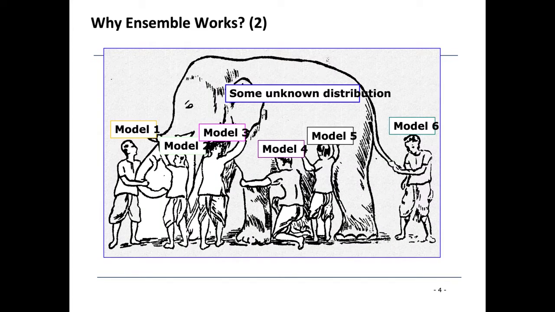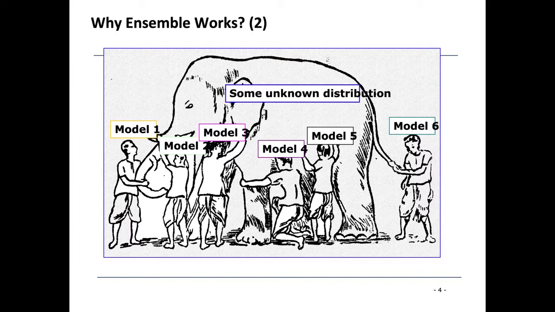So why does it work? Well, here we want to predict that something is an elephant, and in this case there are 6 distinct models, but each model really understands part of the domain.